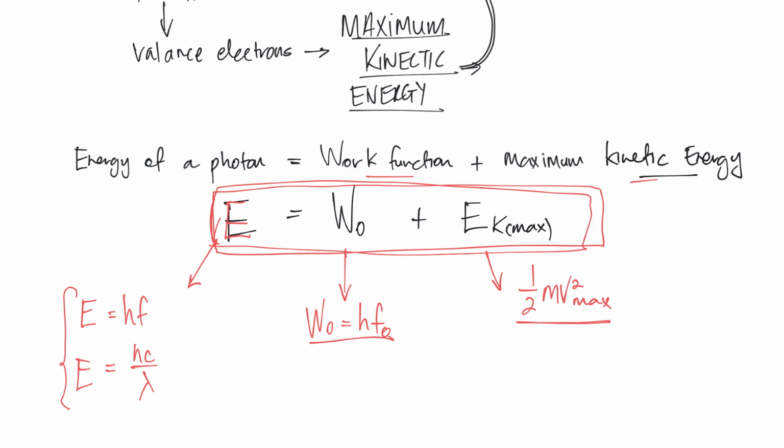Now, one of the most common things they ask us to find is the velocity, or the maximum velocity, of the electron. So we're going to look at a little example now where we see how we do these types of calculations.